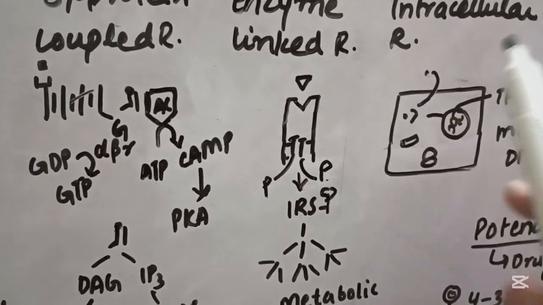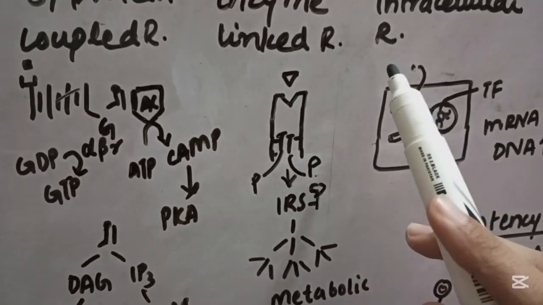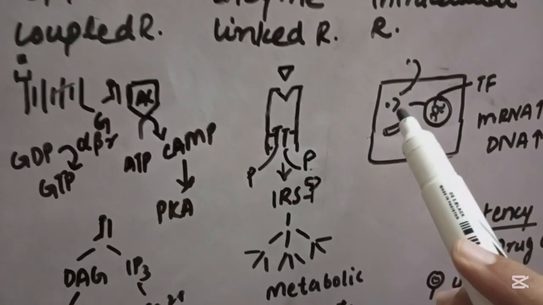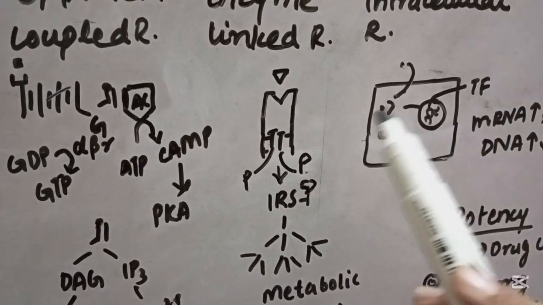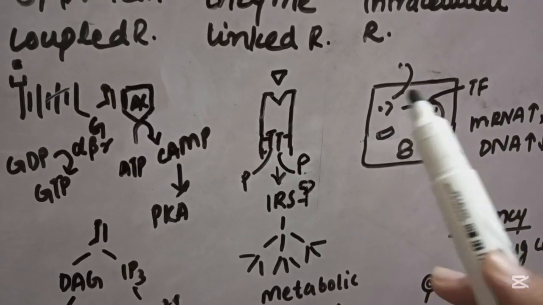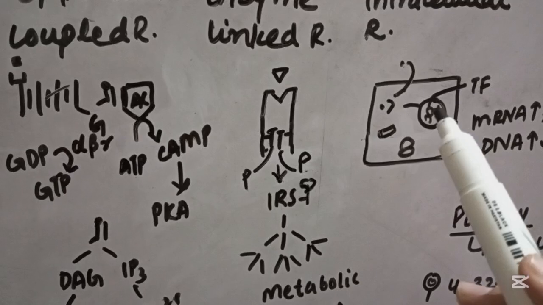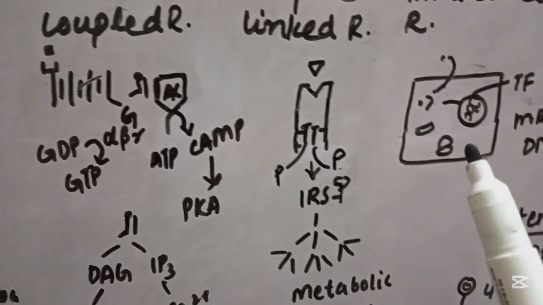Here is another very important receptor, the intracellular receptor. Okay, so the drug crosses the membrane, enters the cell, and binds with the receptor, and as a result of the binding, it can move to the nucleus, or the receptor can be present in the cytoplasm, or they can be present in the nucleus as well.